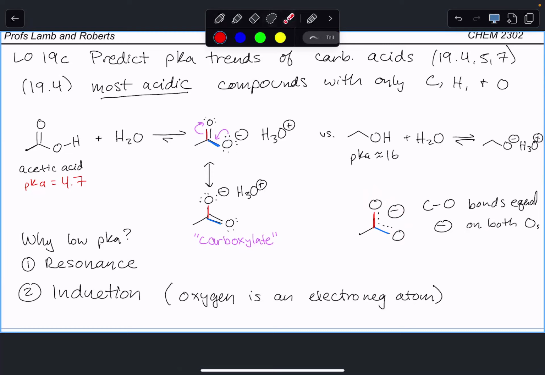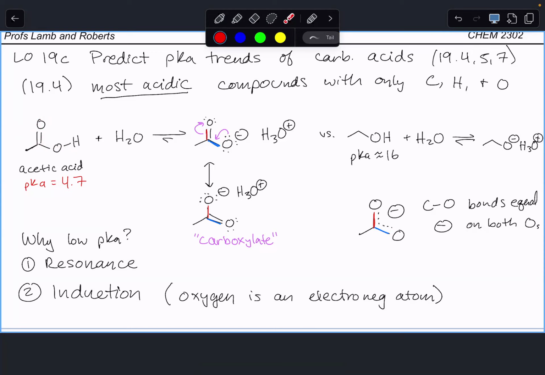So maybe I'll show it on this first acetic acid here. This proton is quite acidic because electron density is getting pulled towards the carbonyl. So it's pulling electron density away, which makes it more acidic. So both resonance and induction are why carboxylic acids have such low pKa's.